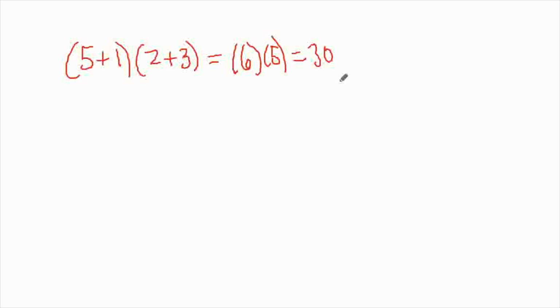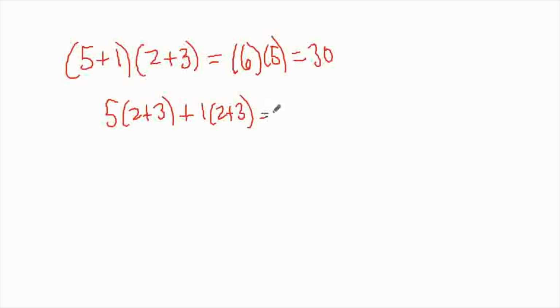Now you can also do this. Just like before when we had a single term, a number or an expression that didn't involve addition on the outside, you can think of it as two versions of those. So you can think of it as the 5 in front of the second parenthesis plus the 1 in front of the second parenthesis.